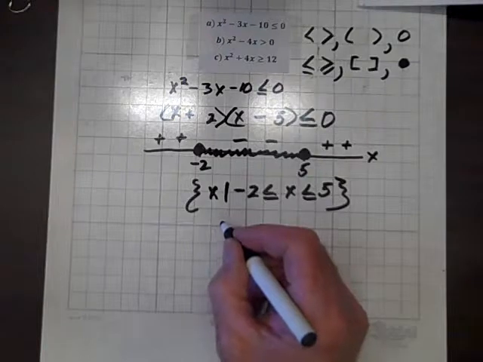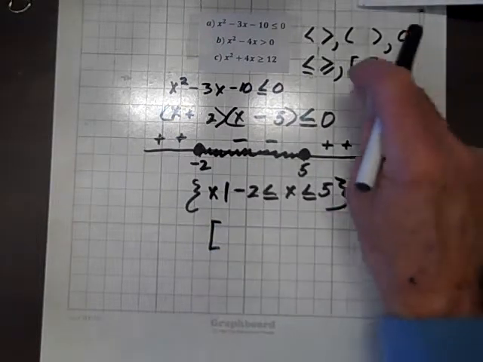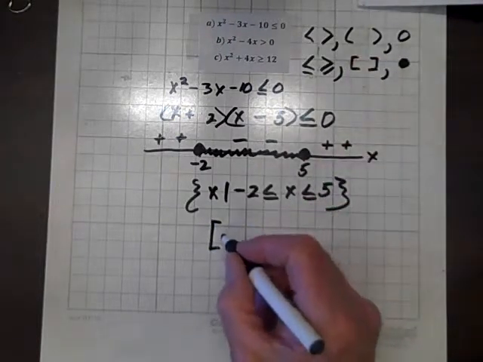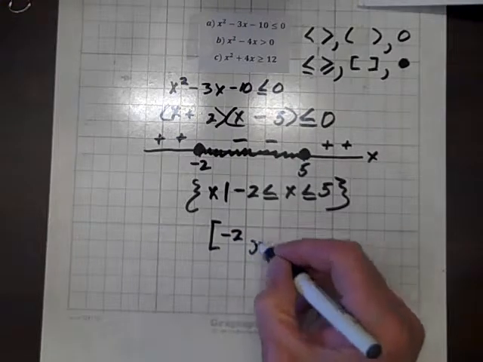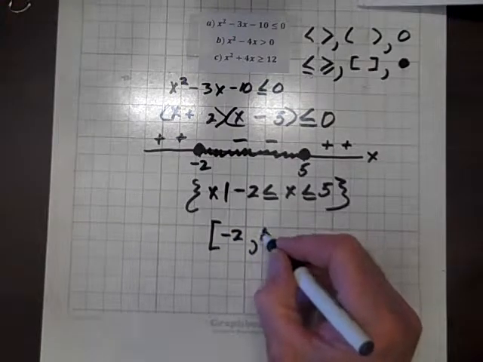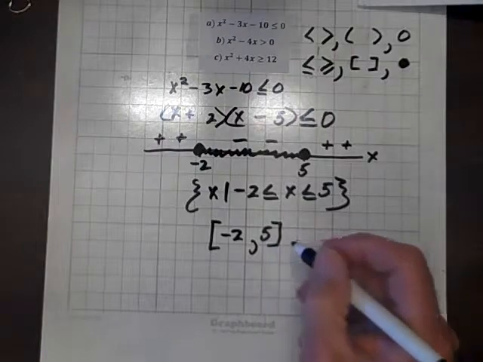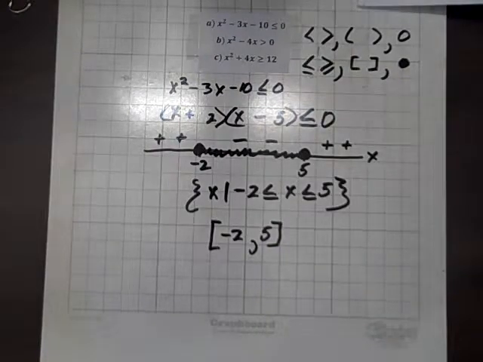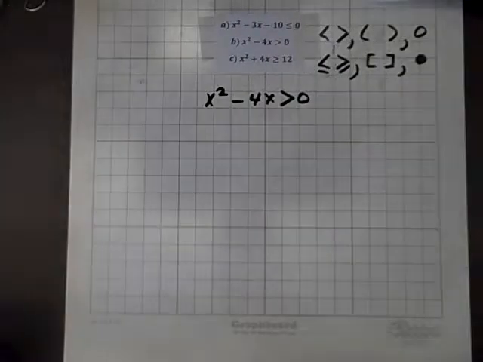In interval notation, using brackets, our left endpoint is negative 2 and our right endpoint is 5. And we'll move on to the next inequality.